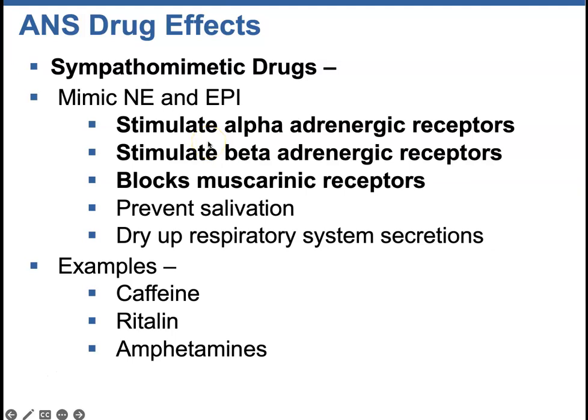Now you have a medication that can target alpha receptors, so increase blood pressure, and also stimulate beta receptors, which means we can speed up heart rate, and speed up the ability to ventilate and move air through, right? And we are inhibiting parasympathetic responses, so we're inhibiting salivation, digestive function, and urine function.